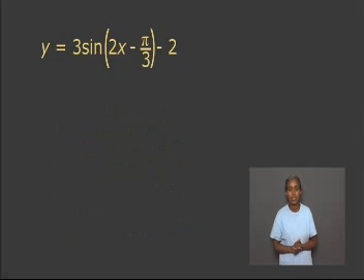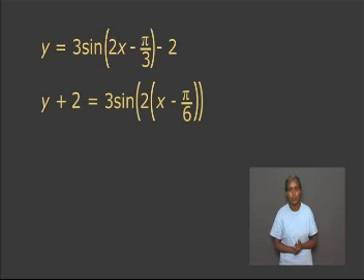To draw the graph of y equals 3 times sine of 2x minus pi over 3 in brackets minus 2, first rewrite the equation as y plus 2 equals 3 times the sine of 2 times x minus pi over 6.